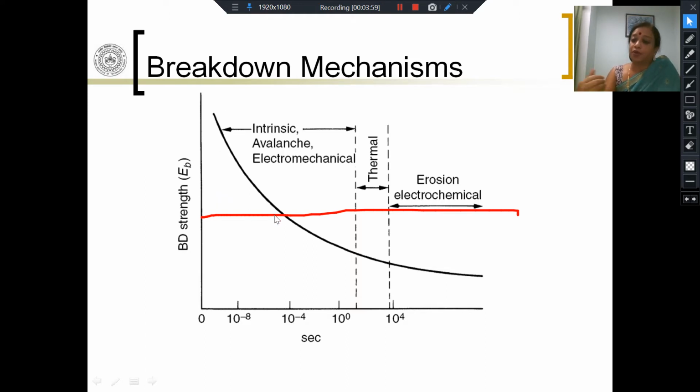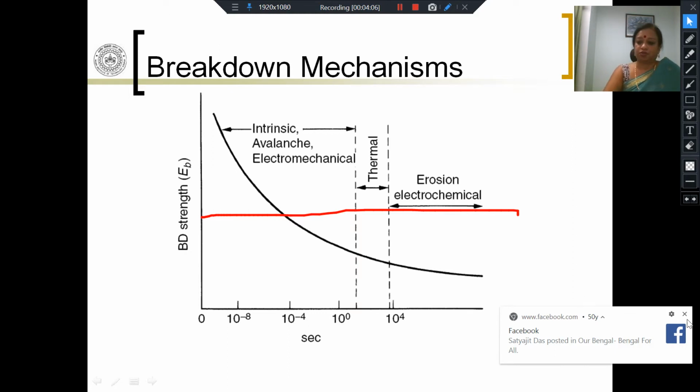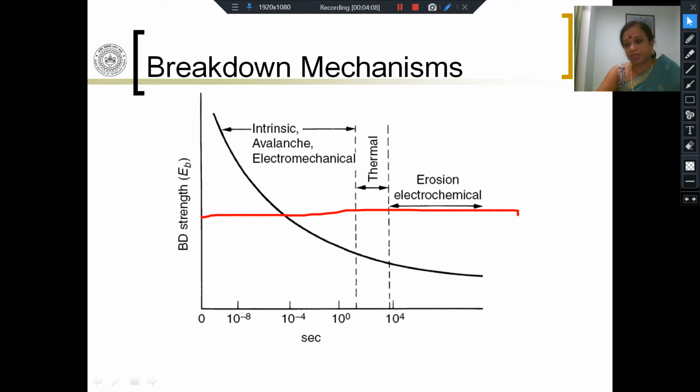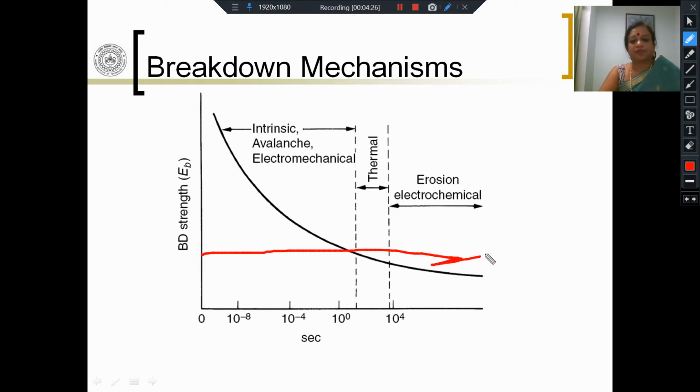But if you keep the voltage on for long times... okay, this is not quite the correct choice. Let me choose another value. Let's say this is instead the value of the voltage that I apply.